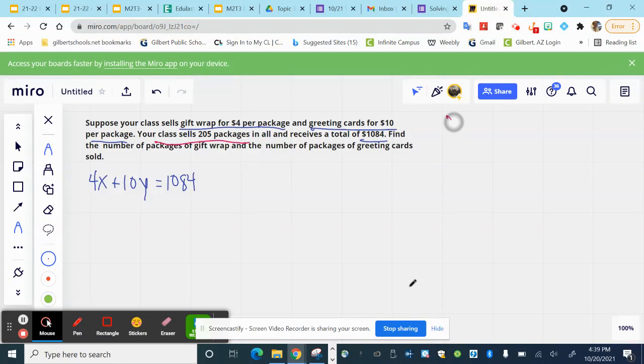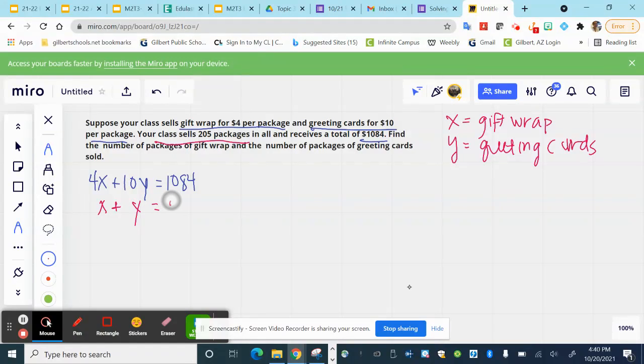Well, if x represents the number of gift wraps, and y represents the number of greeting cards, then we're just going to total those two things up. x is however many gift wrap packages I bought, and y is the number of greeting cards. And the total of those two is 205.